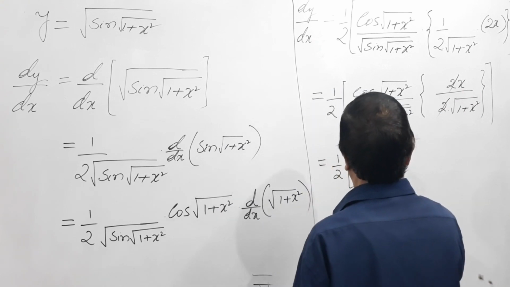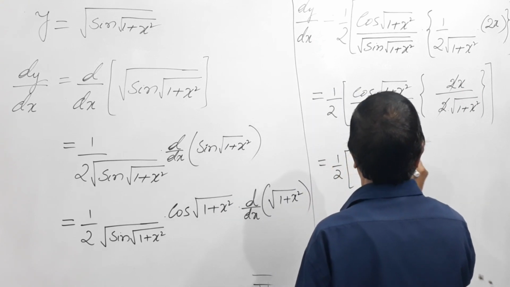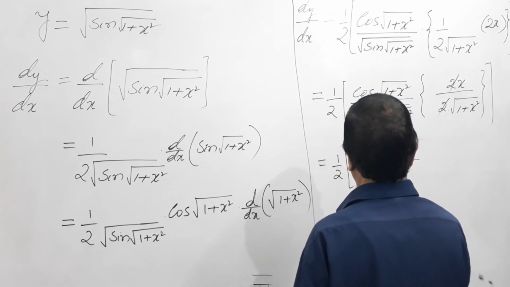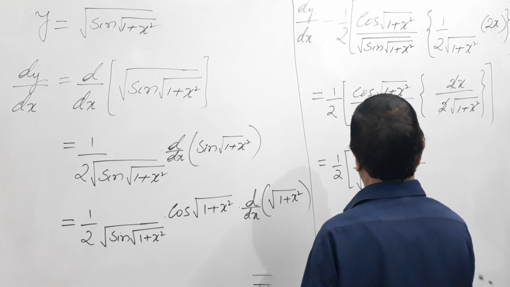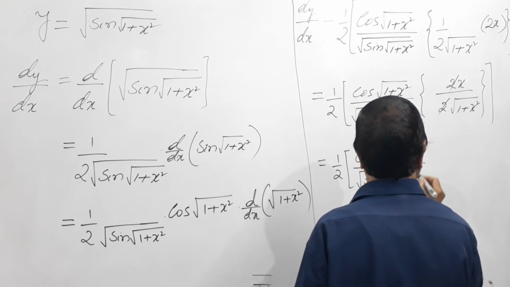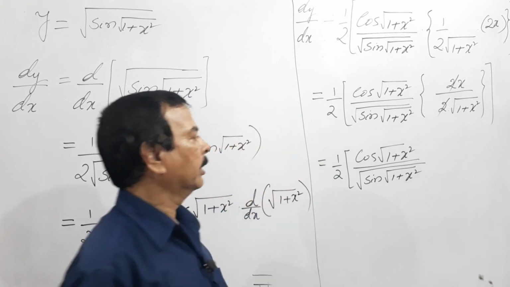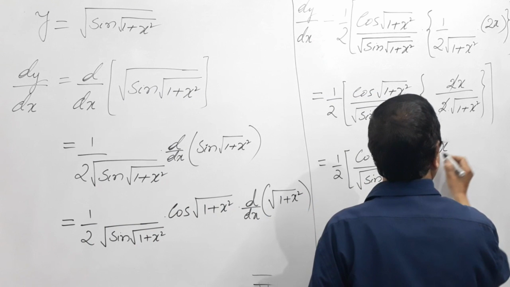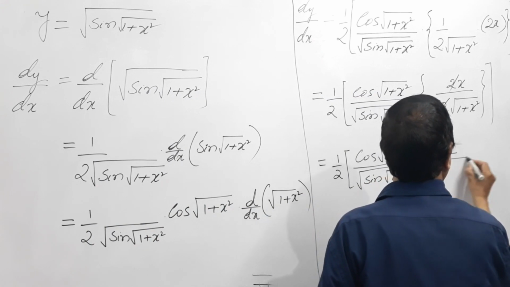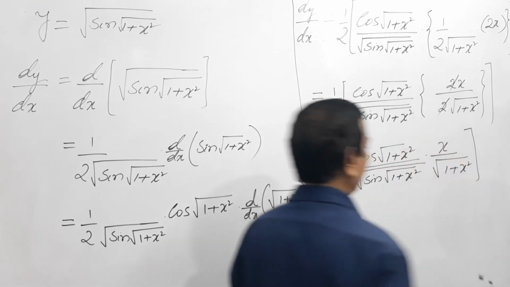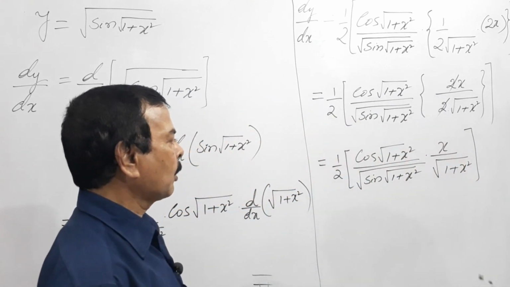This is cos of 1 plus x square by under the root sine of under the root 1 plus x square. Done. Into x under the root 1 plus x square. Done.